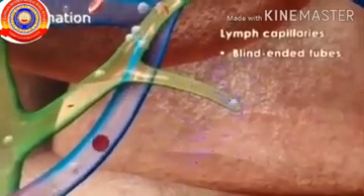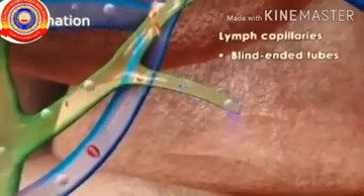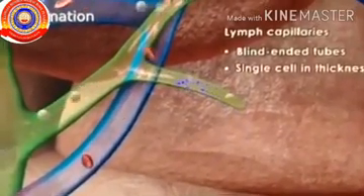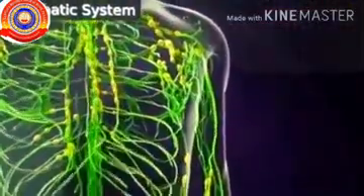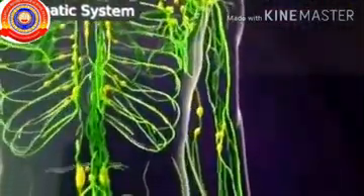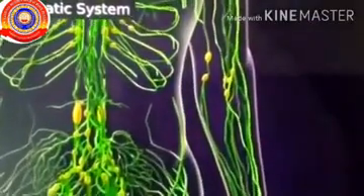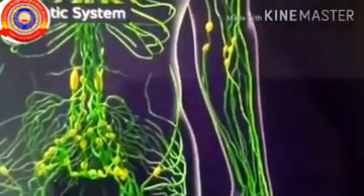A part of the tissue fluid enters into the lymph capillaries present between the cells. It doesn't contain RBC, platelets, and large protein molecules. Some proteins, salt, and minerals are present in small quantity. This tissue fluid in the lymph capillaries is called lymph.